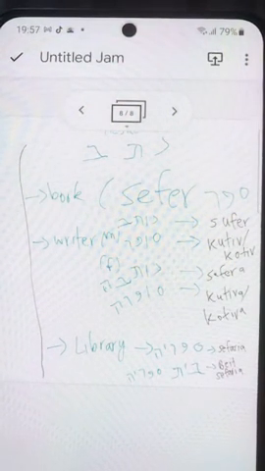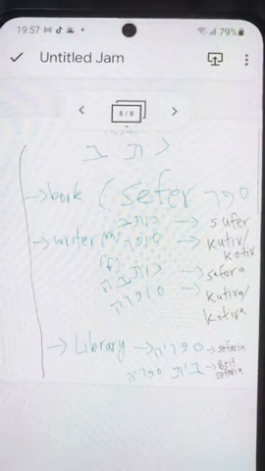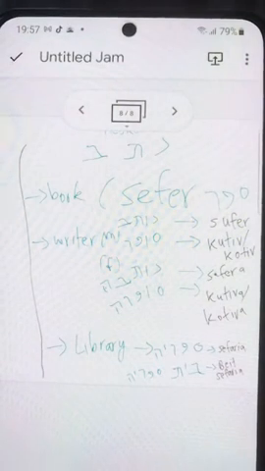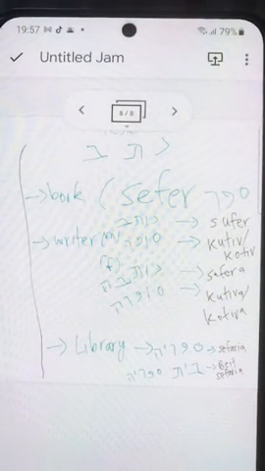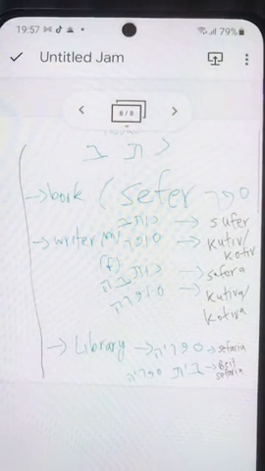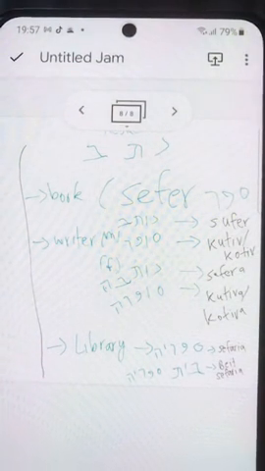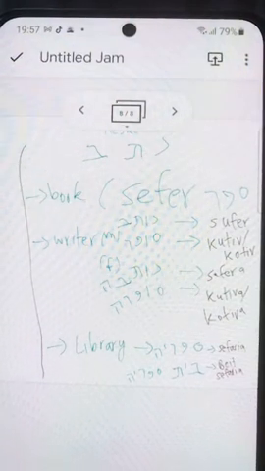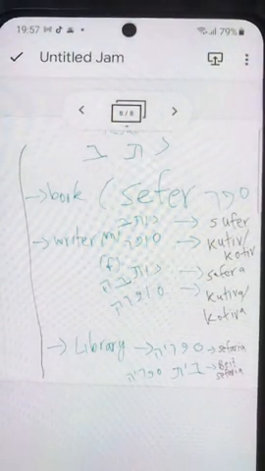So basically this, from the book. In Arabic, from is min. Yeah, in Arabic from means min.